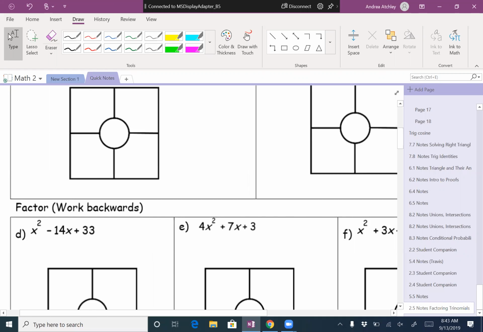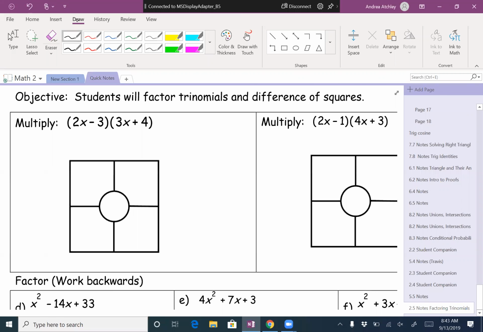Okay, so when we multiplied, this is my length, the 2x minus 3 was my length, and the 3x plus 4 was my width. Okay, you guys got pretty good at this. You multiply this box, the 2x times the 3x, and that gave us 6x squared.